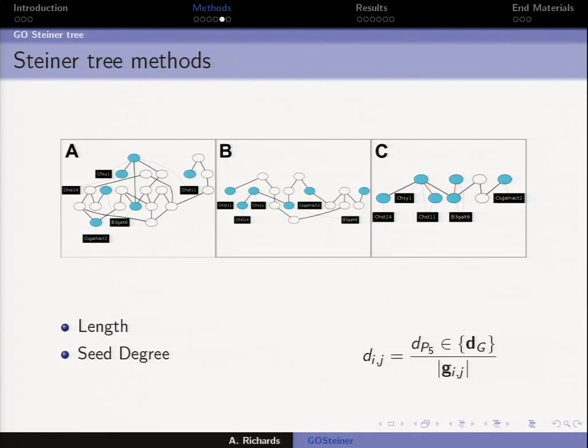The first one is the all pairwise shortest paths as calculated using this algorithm. What we notice in panel A is that there are a lot of edges connecting these terms, and it's not a concise summary of a gene ontology graph for these 5 genes.